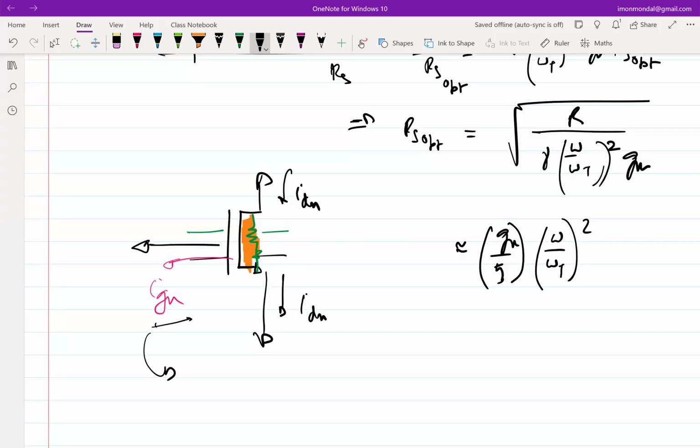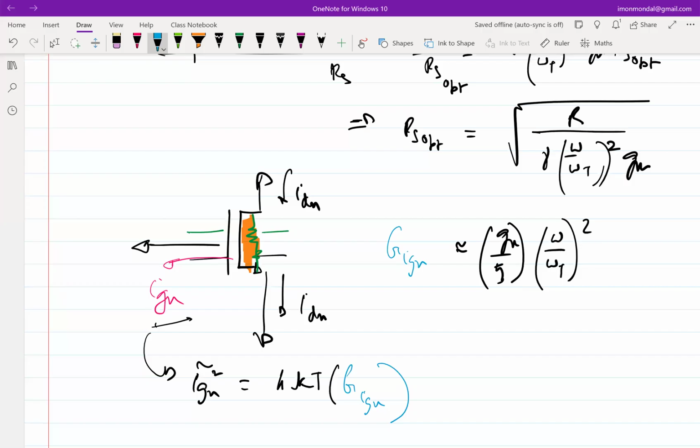If I say that IGN, its power spectral density is 4 kT times some effective GM, we have a different terminology for this, 4 kT times GIGN, then that GIGN is approximately equal to this.